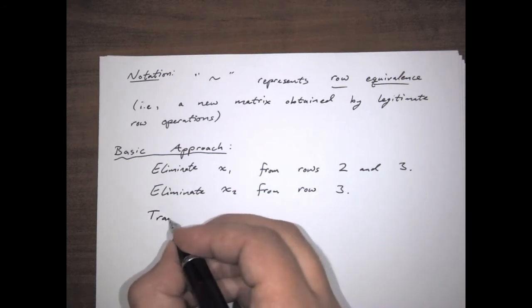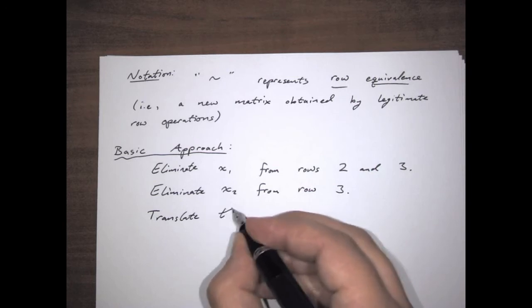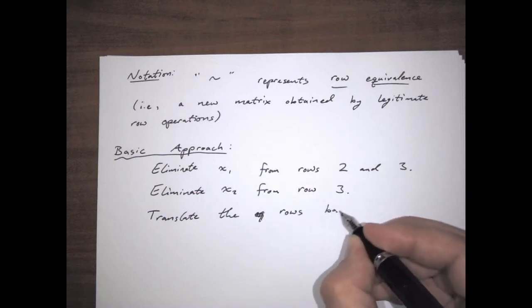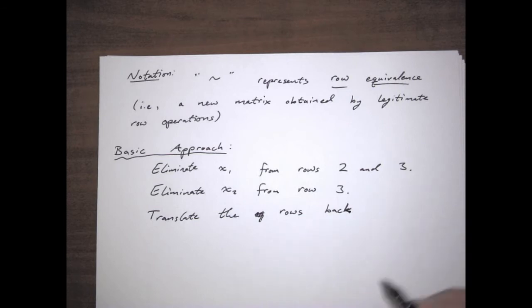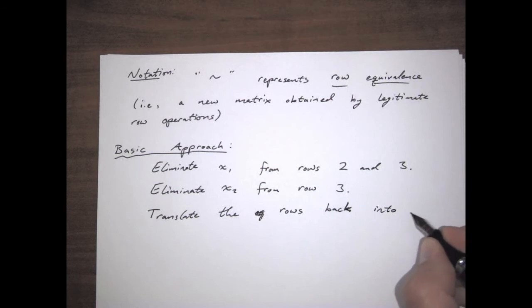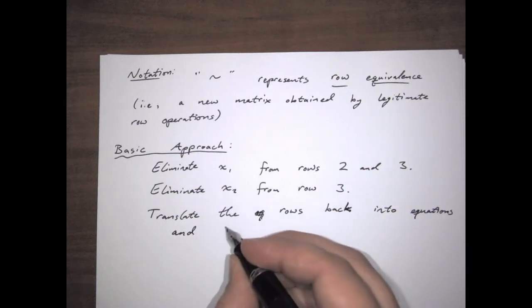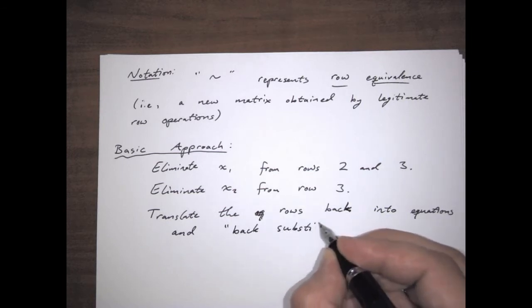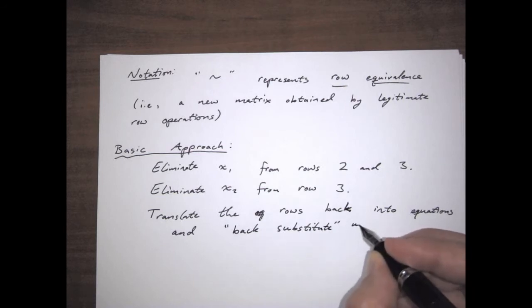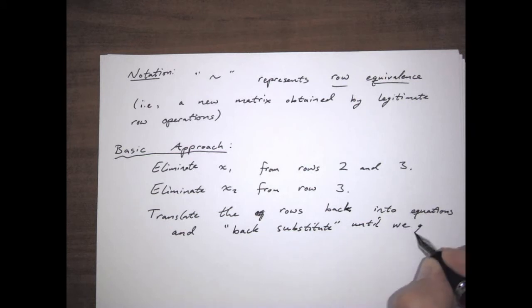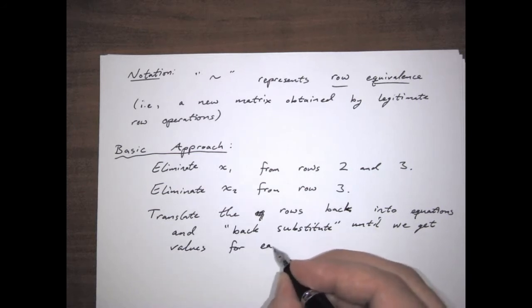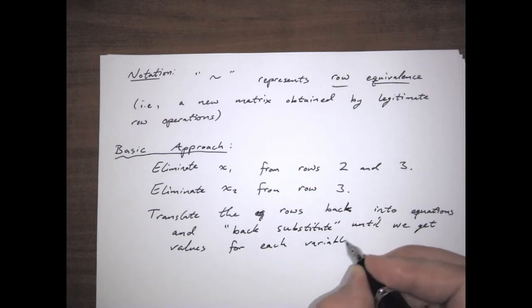Then translate the rows back into equations and do what's called back substitution, until we get values for each variable.